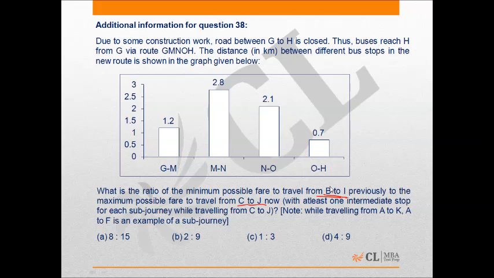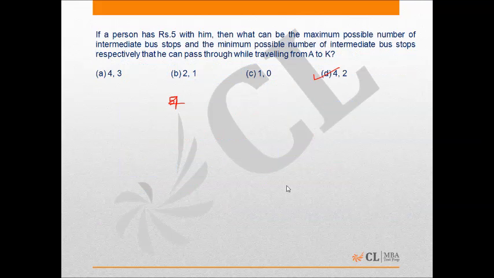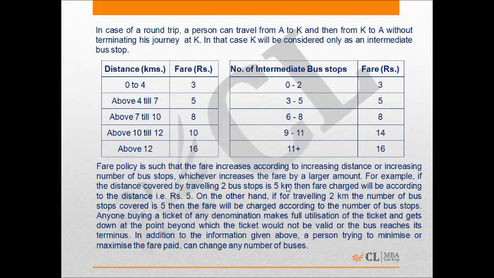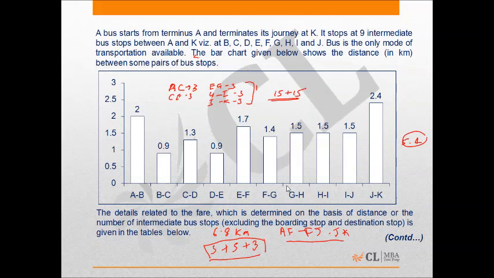So let's first compute the minimum fare that we need to pay in order to travel from B to I as per the previous scheme of things. On observation, we get the distance between B to I is more than 7 kilometers.